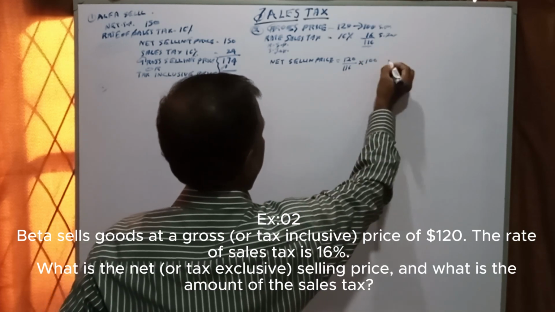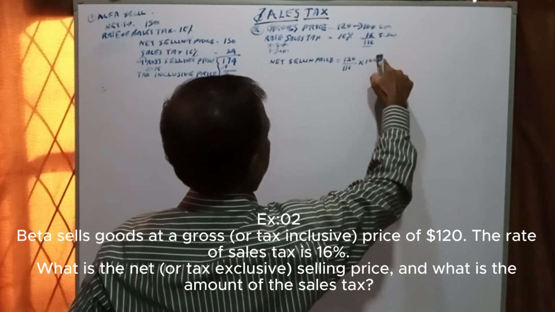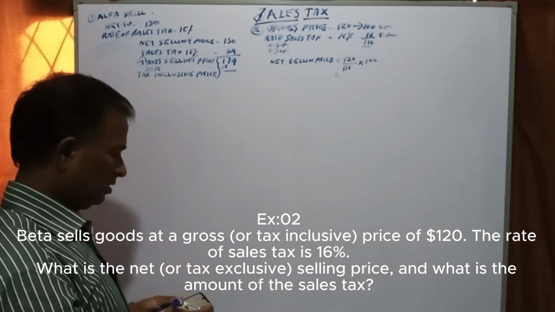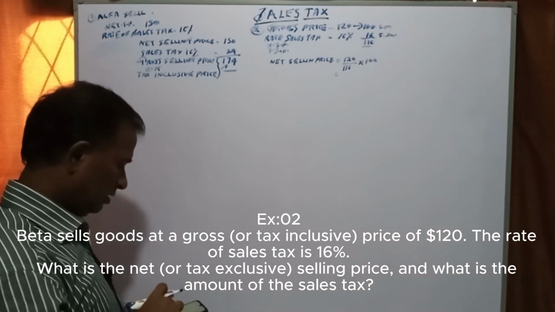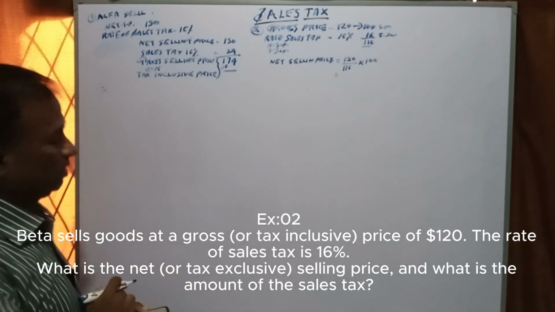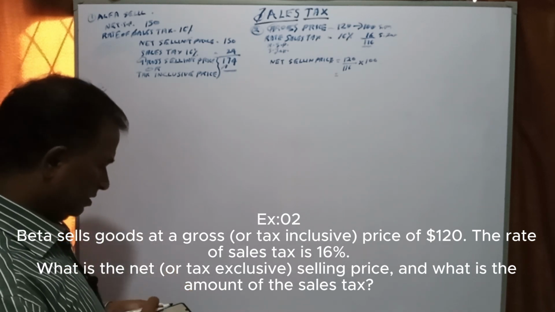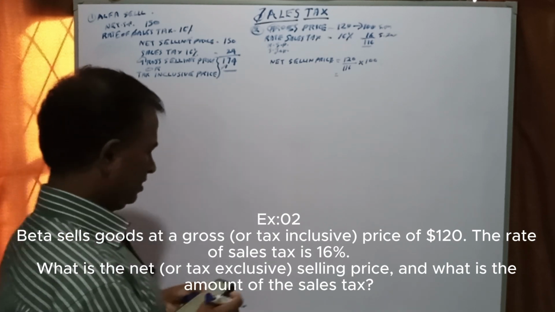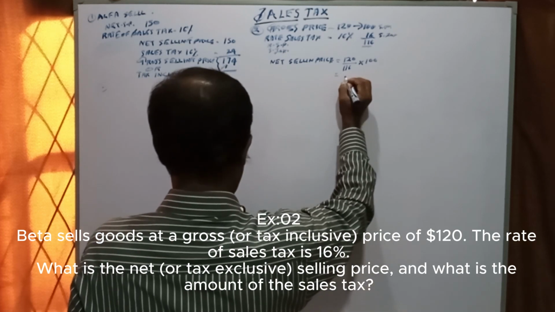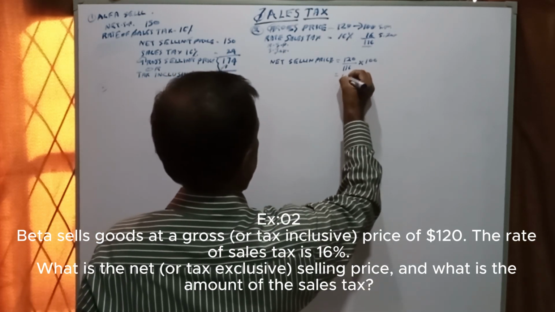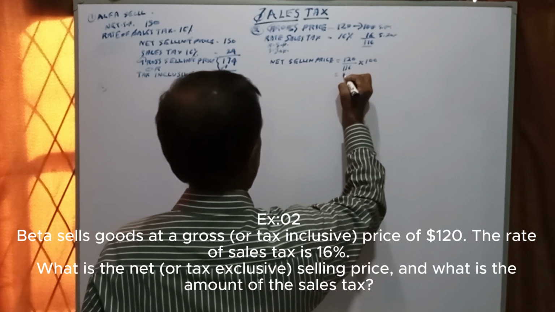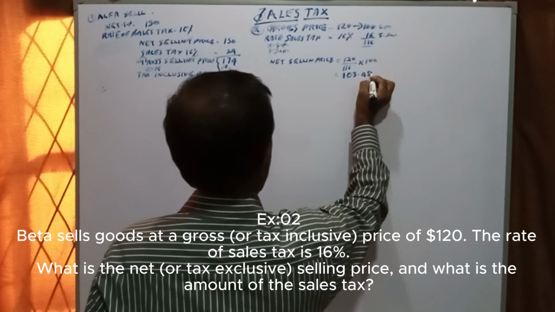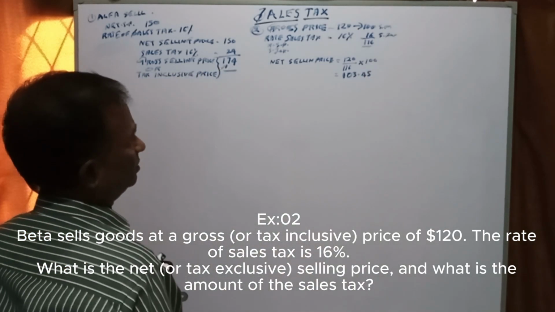That is 103.45. 103.45 is the net selling price.